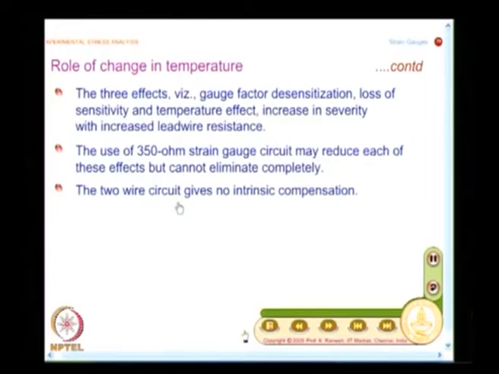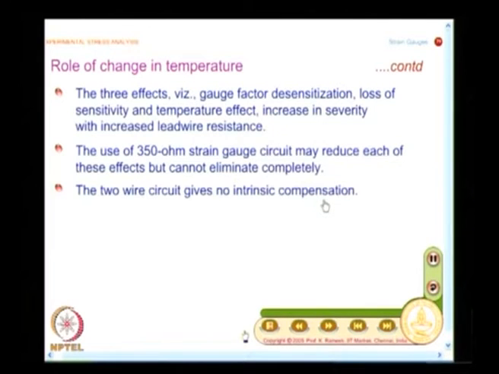You will go in for a 500 ohms or 1000 ohms for composites. And indirectly, if you take a higher resistance of the strain gauge, it also helps in issues related to desensitization caused by the lead wire. And what you find finally is that 2 wire circuit gives no intrinsic compensation.